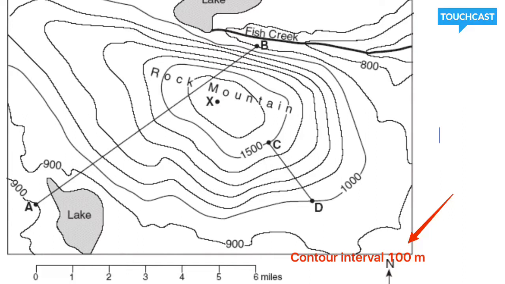Go ahead and write that in. 1,000. And then you subtract it from the height that you're supposed to end at. So this is going to be 1,500. And you're left with 500. Basically, that means you would climb up 500 feet to get from D to C.